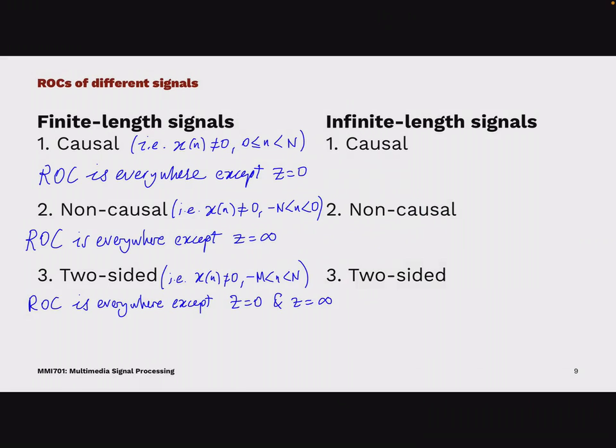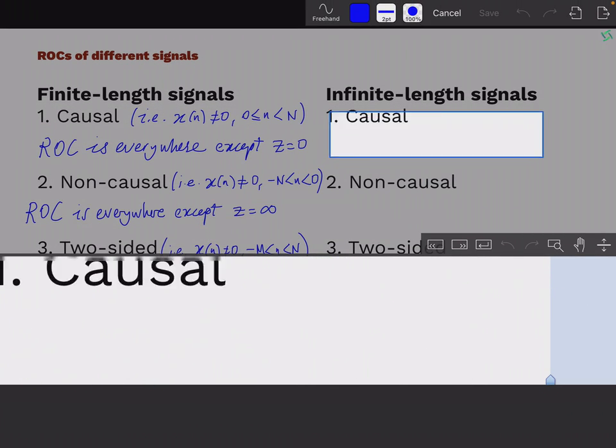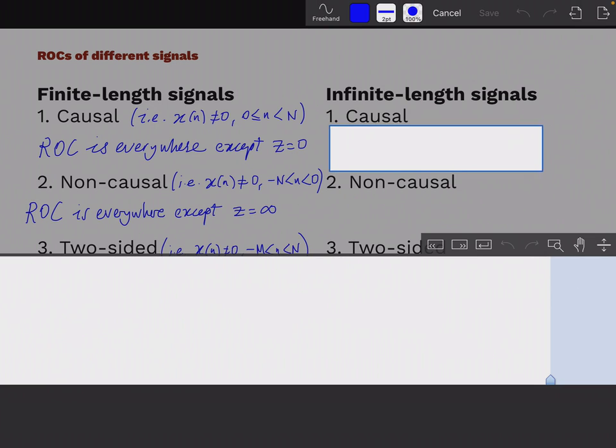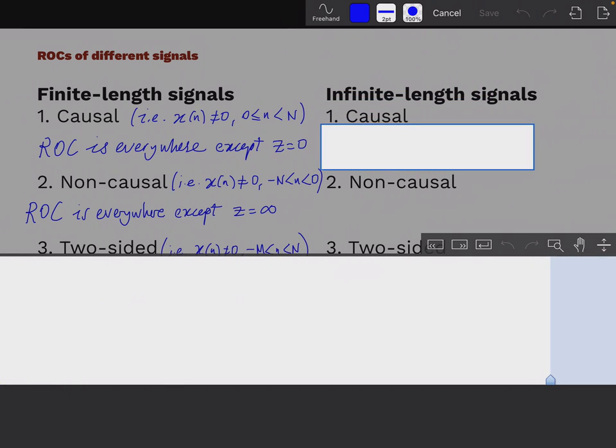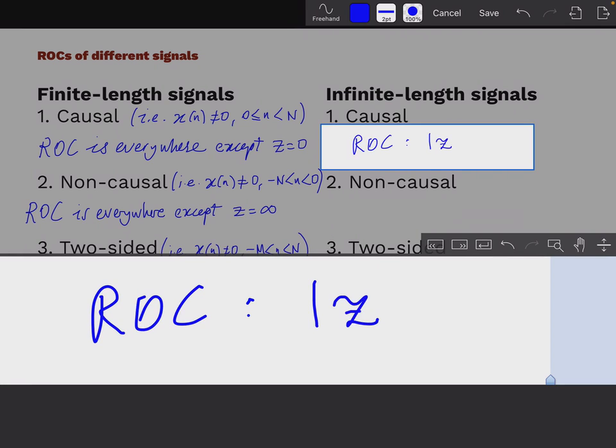Now for infinite length signals, for a causal infinite length signal, I'm not going to write the definitions anymore. Now we're just going to let capital N become infinity, to have an infinite length causal signal. And I'm just going to write the region of convergence. Region of convergence for this type of a signal is absolute value of Z greater than some R1, let's call this R1.